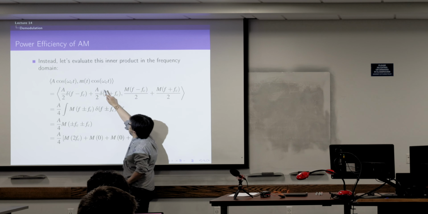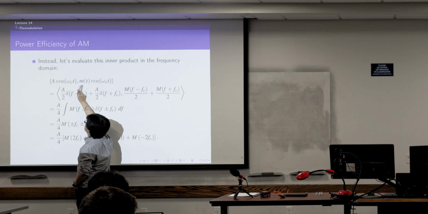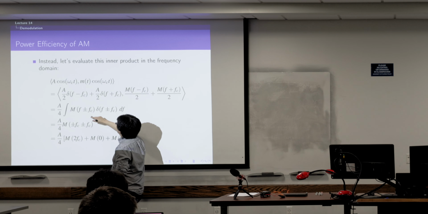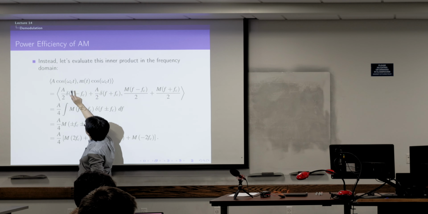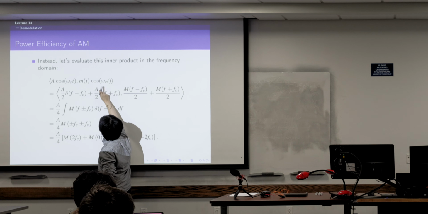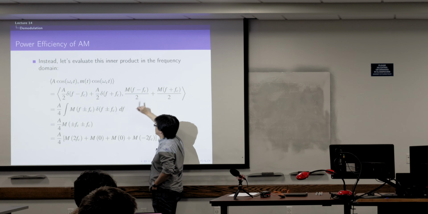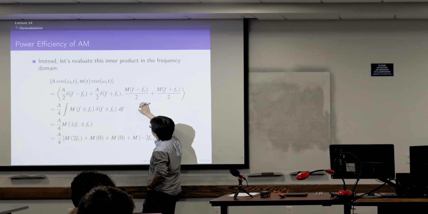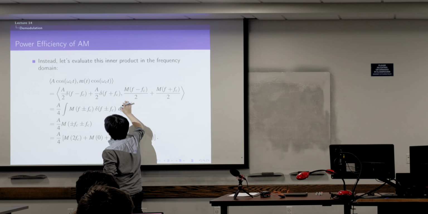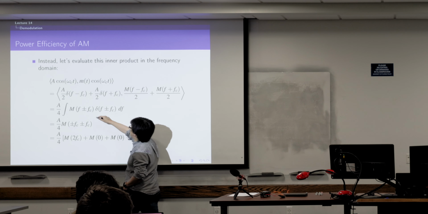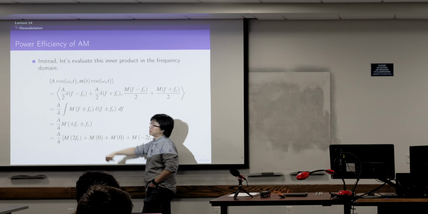When these two signals are identical, that becomes the power. The Fourier transform of this guy is this, and the Fourier transform of that guy is that, which is relatively straightforward. Then we need to compute the inner product between this and that. We have 4 terms here, plus minus means that we have all of them.